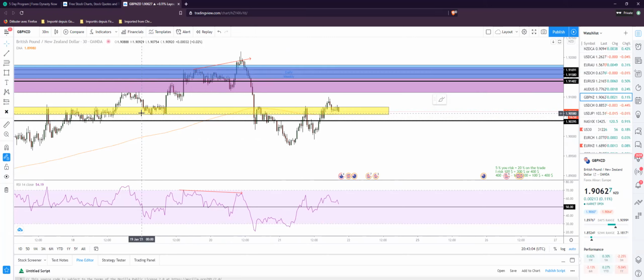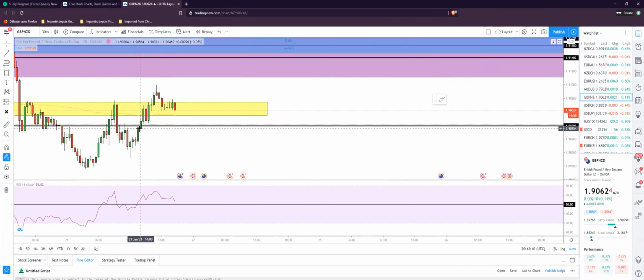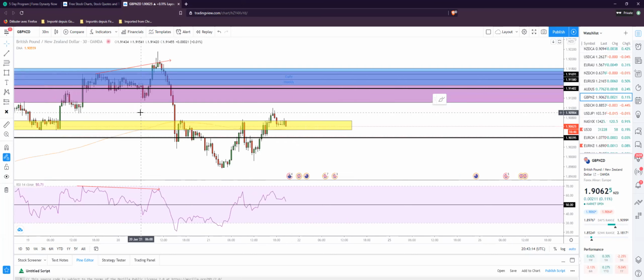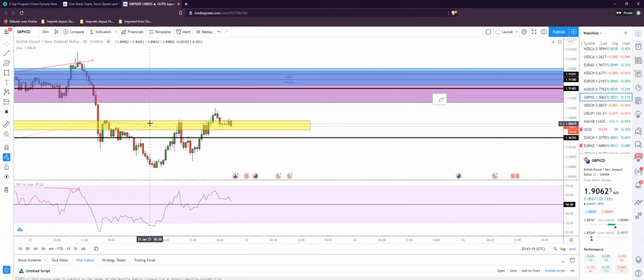Like me, for example, this all comes down to discipline, guys. This comes down to you being disciplined and not getting emotional or frustrated, because you've got to see the bigger picture. Earlier this week, I think it was back on Tuesday, I saw a W pattern starting to form, and I was like, okay, this is not going to move the direction I thought. I went ahead and cut my losses.